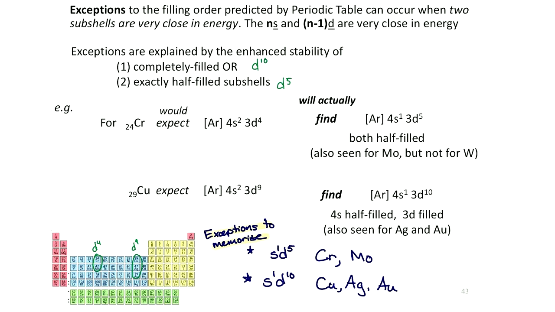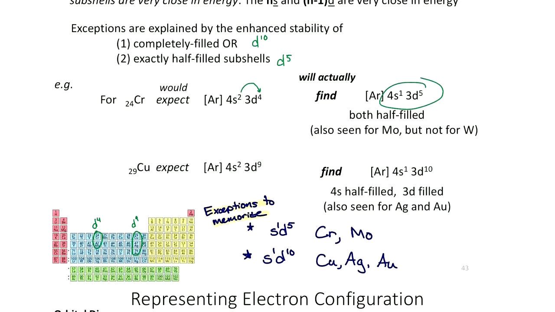What we see instead is one of those s electrons jumps ship so we can half fill a d subshell, because it's extra stable. You get a little extra stability when you half fill something. So now we actually have two half-filled subshells. Instead we see s1 d5. We just rearranged our electrons to be a little bit more stable. That happens for chromium and molybdenum, but not tungsten. All right, and so that's our d4 example.